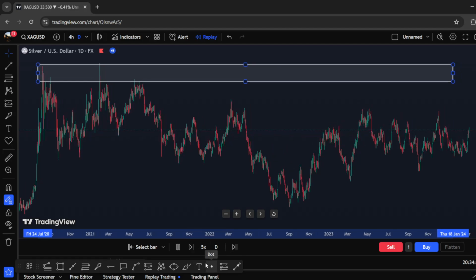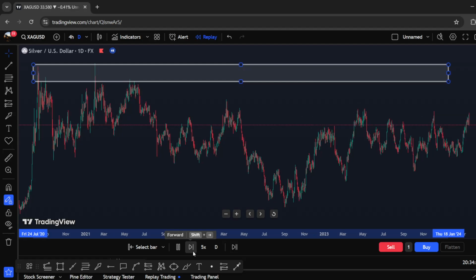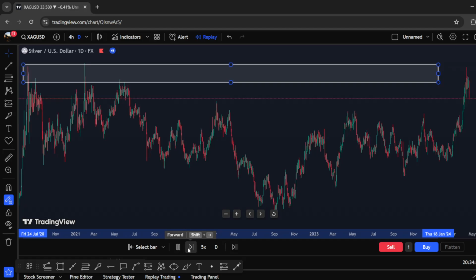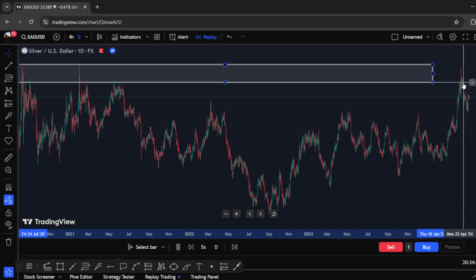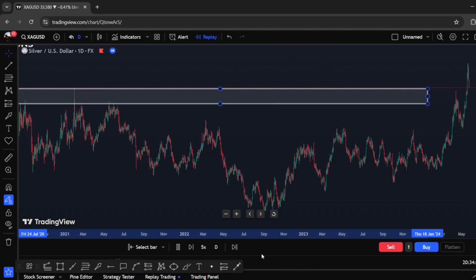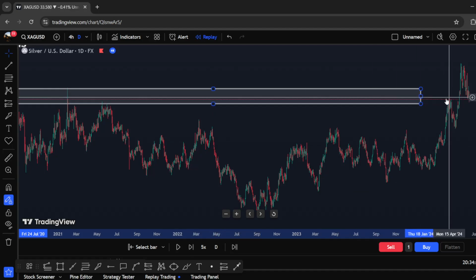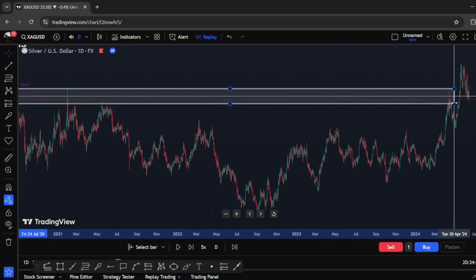I just make it faster. I'm just going to extend this to the right.